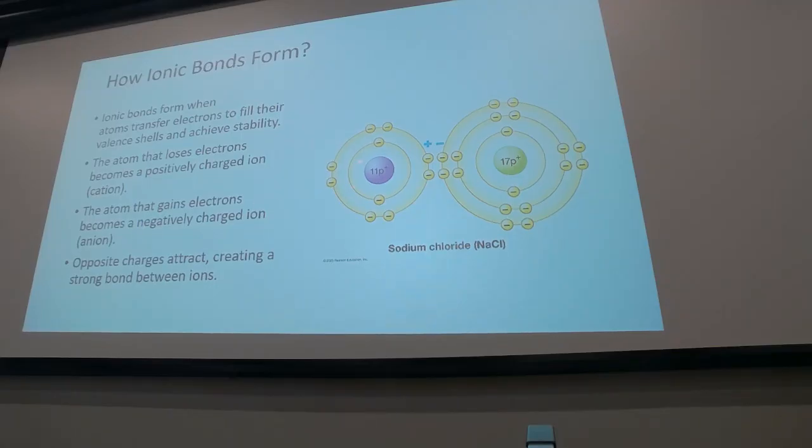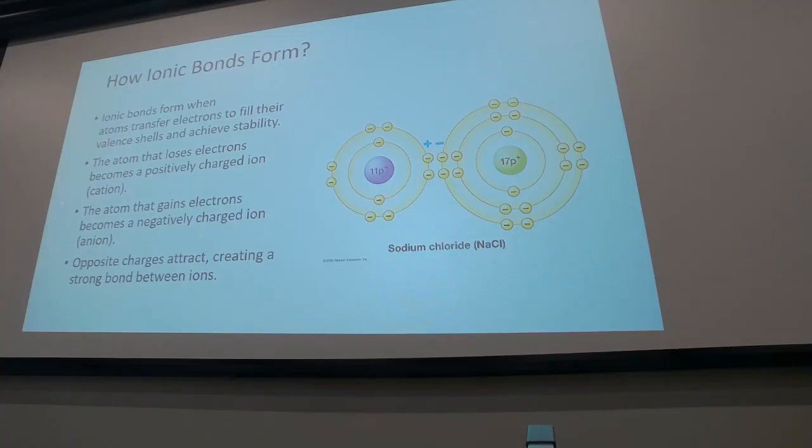Because this one has 11 protons, it will have greater positive charges than negative charges. So it's not going to be electrically neutral anymore. After this one donates its electron to chlorine, the chlorine will have 8 electrons in its outer shell.